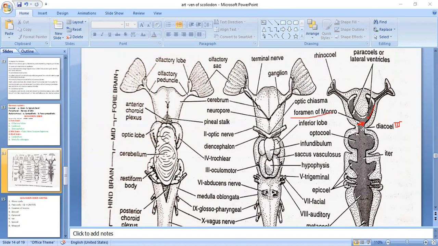So the cavity present in the diencephalon is known as the diacoel.